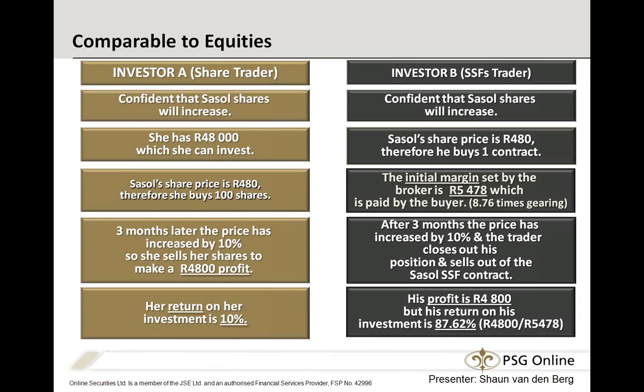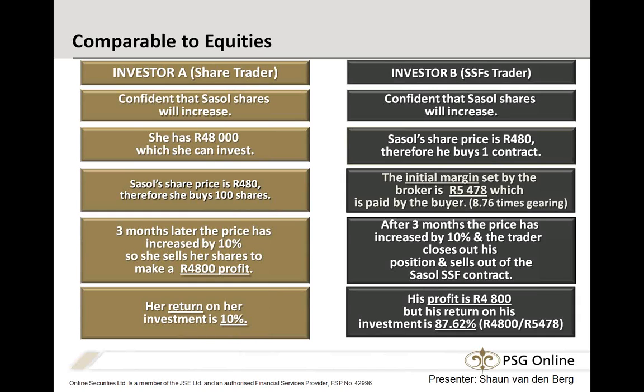That gives us a gearing of roughly 8.76 times. So same exposure, but I'm using less funds. So it's very capital efficient. That's what derivatives are. They're very capital efficient. I can use all the extra cash now for other positions.